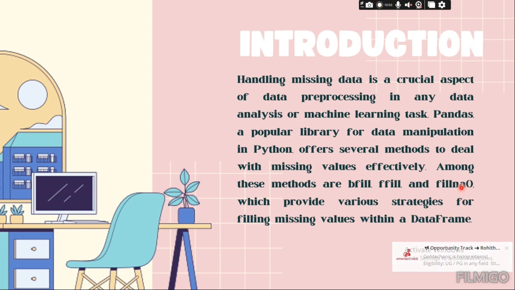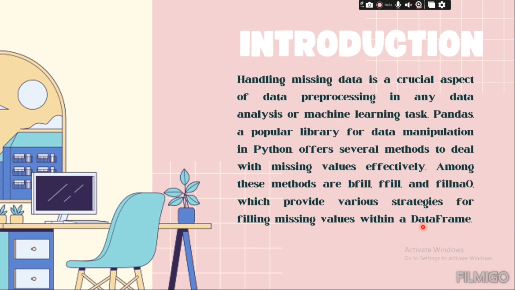Of course these methods are not the same as one another, but their purpose is common, meaning that these methods are used to fill the nan values with some other values, and the values may be the value which is present next to the nan value in the dataset, or the value which is present before the nan value in the dataset, or it may be any user desired value.